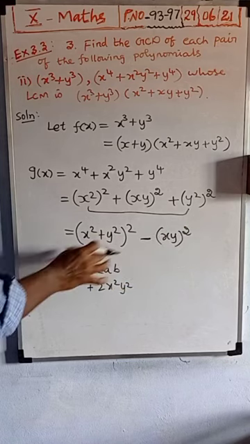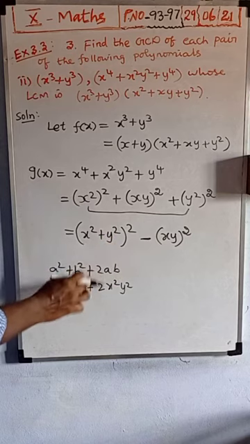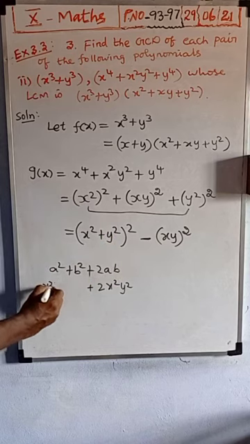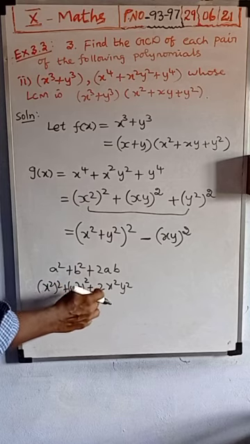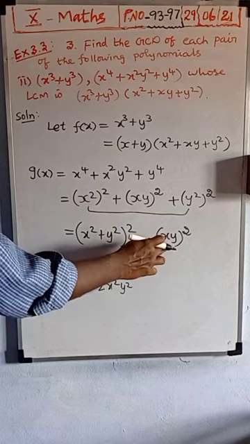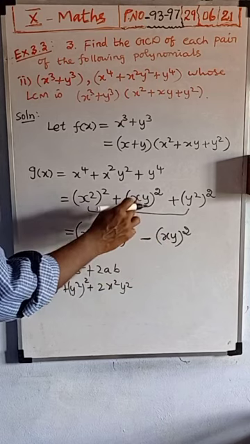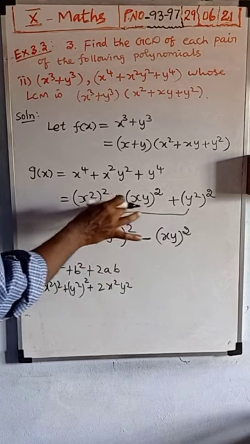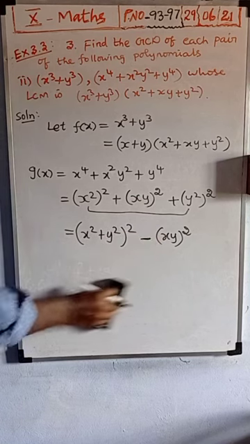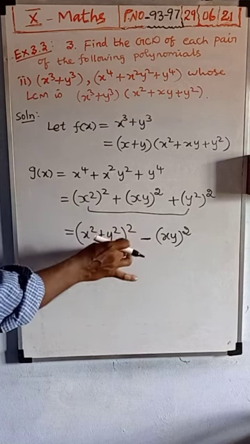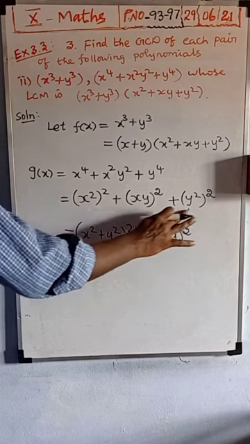Okay, so now expand this. We will get x squared to the whole square plus y squared to the whole square plus 2ab, in that one minus x square y square whole square separate, means you will get these steps. Okay, then this step is equal to this step. See, in this step you can write it like that.